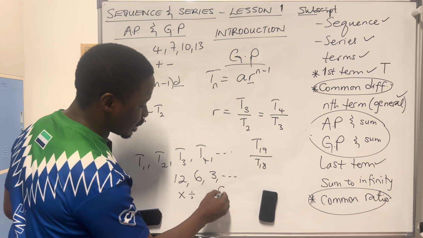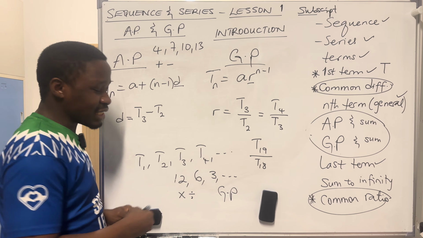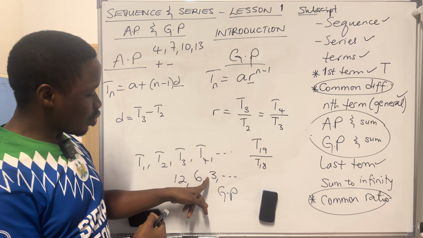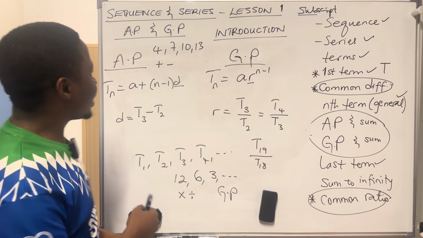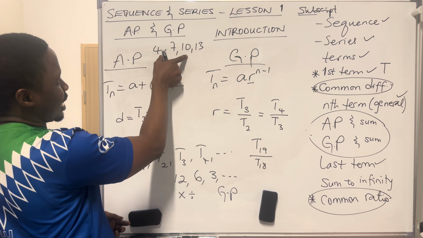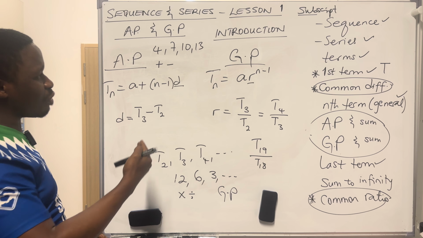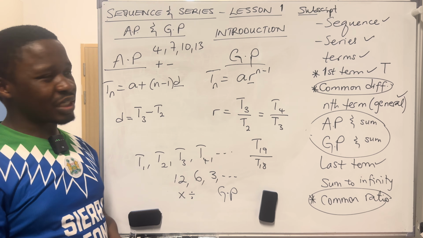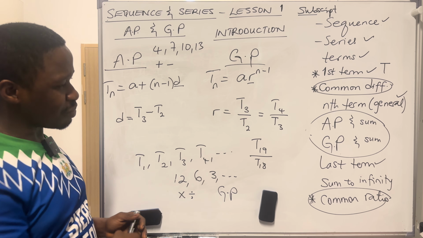So this one is a GP because there is a constant number we divide or multiply to get the subsequent. Here is an AP because there is a constant number we add or subtract to get the subsequent terms. So that's how we differentiate them.